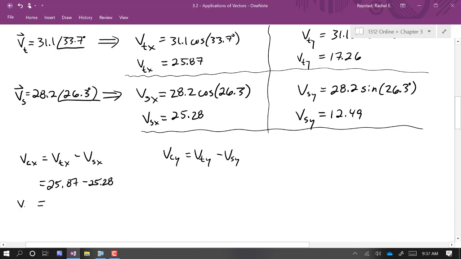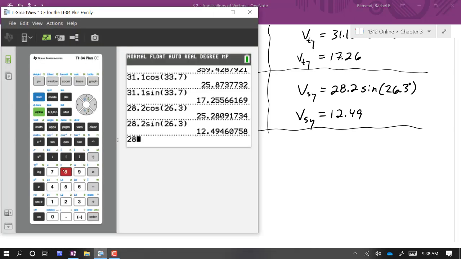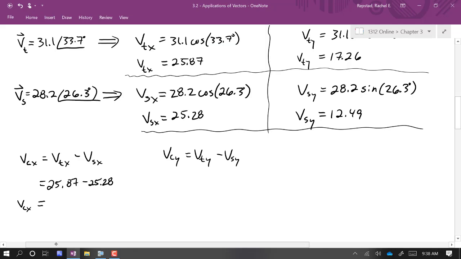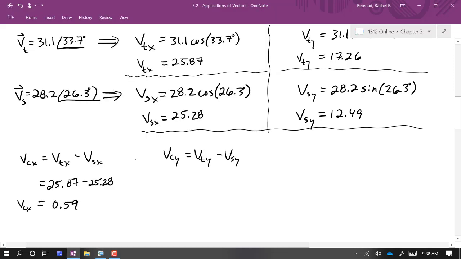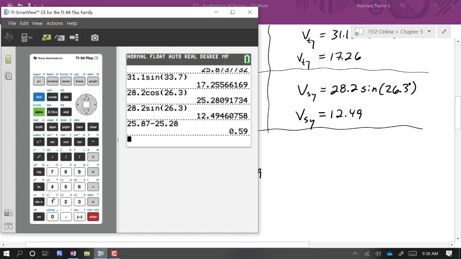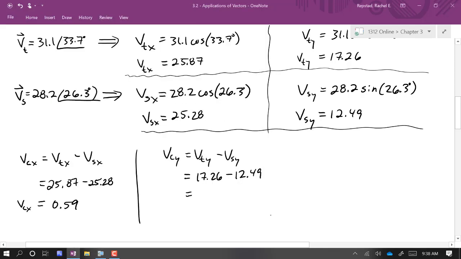So for the x component, 25.87 minus 25.28 is 0.59, and Vcy, that'll be 17.26 minus 12.49. And that's 4.77.